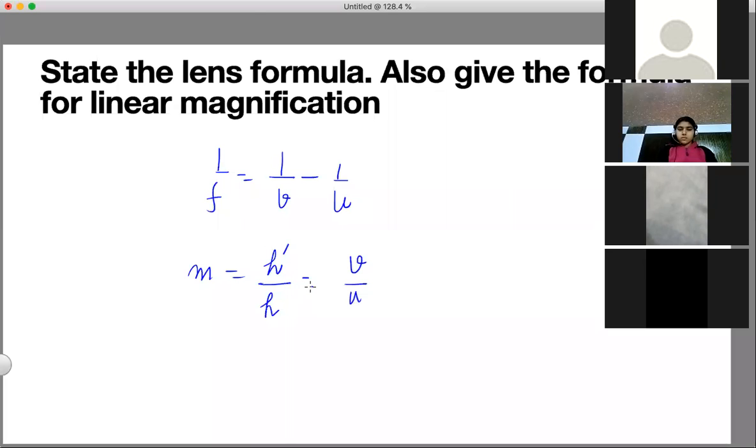So these formulas are similar to the mirror formula, but slightly different. Okay?